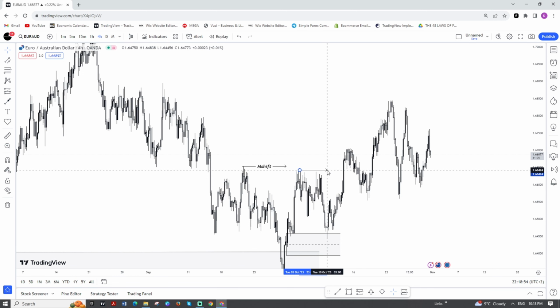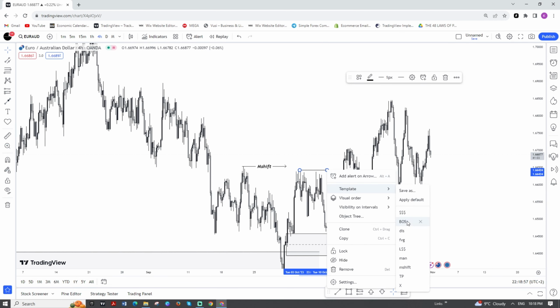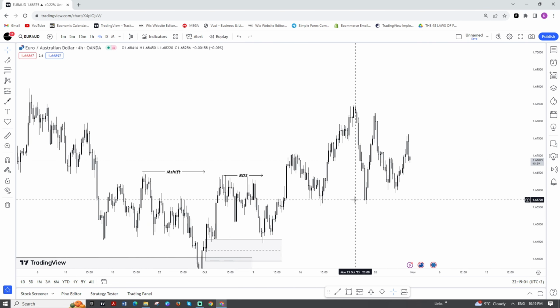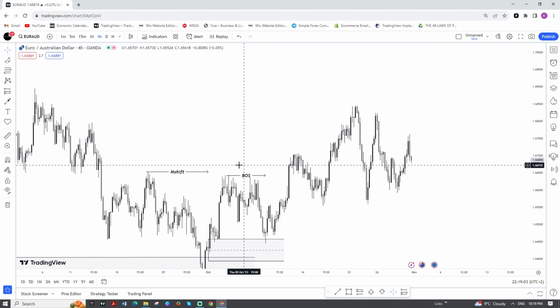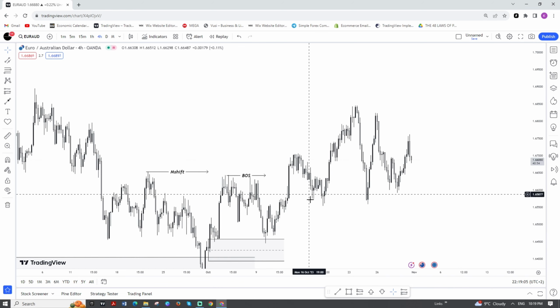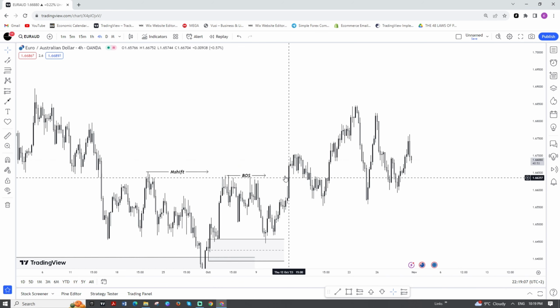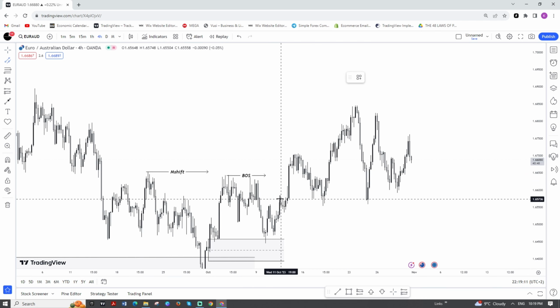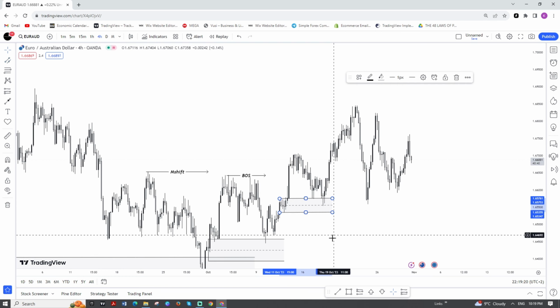It came to mitigate that order block, and then it broke our structure, right? Now we know, guys, that after it breaks our structure, it's going to mitigate another order block, and then it's going to continue its pattern to the upside, right? Broke that structure right there, and then went up, and then filled in this fair value gap that you can see here, or this inefficiency, and then again it mitigated this order block. So you can see this is the overall pattern for this pair, right?